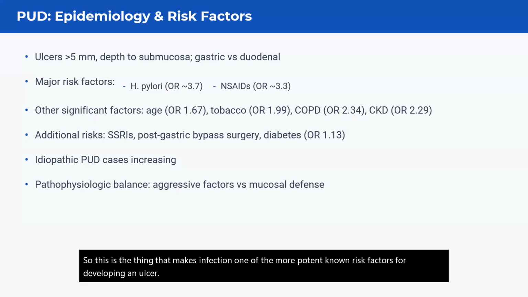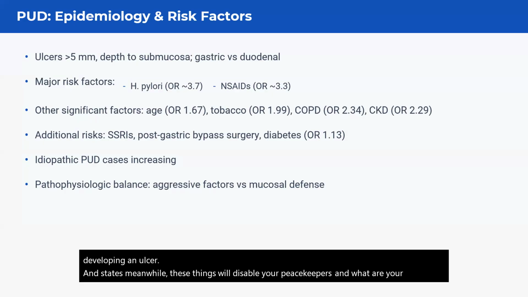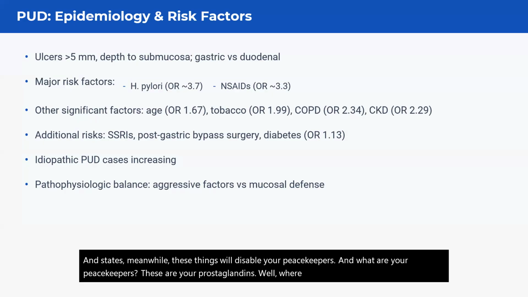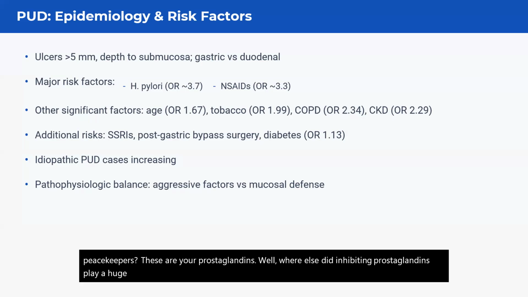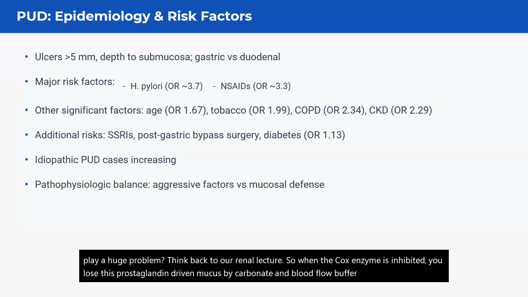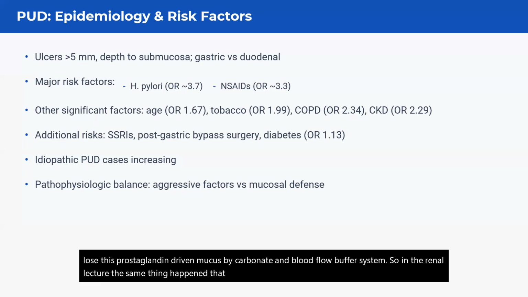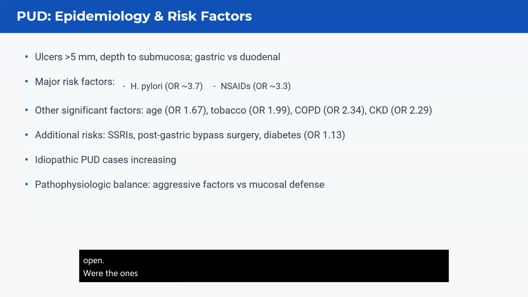NSAIDs, meanwhile, disable your peacekeepers. And what are your peacekeepers? These are your prostaglandins. Where else did inhibiting prostaglandins play a huge problem? Think back to our renal lecture. When the COX enzyme is inhibited, you lose this prostaglandin-driven mucus, bicarbonate, and blood flow buffer system. In the renal lecture, the same thing happened. That same prostaglandin that kept those afferent arterioles open is the one maintaining gastric perfusion, and when you block them, you're starving both the kidney and the gut. So this is how NSAIDs can offend your kidneys and also offend your gastric lining.